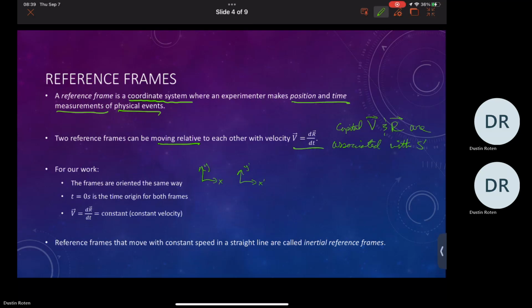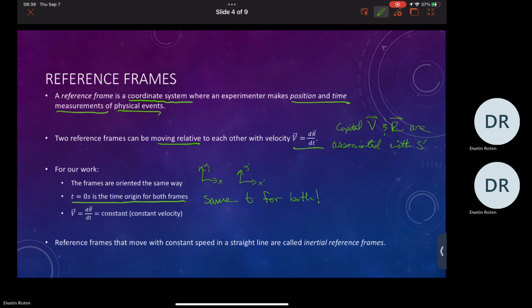And then when we start our stopwatches, when we time an event, essentially our stopwatches need to be synced up across the two. They can be moving, but we want to make sure that whatever event we're measuring, they happen at the same time for both. Okay, so same t for both.